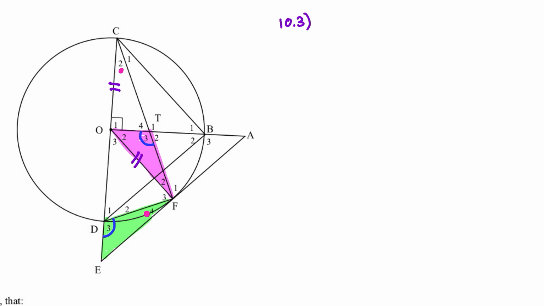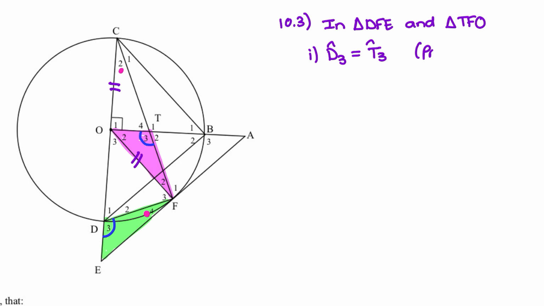We would say in triangle DFE and triangle TFO, we have D3 is equal to T3, and we have proven that in our previous question. Next, we can say that the angle F4 is equal to the angle C2, and we are using the tan chord theorem.